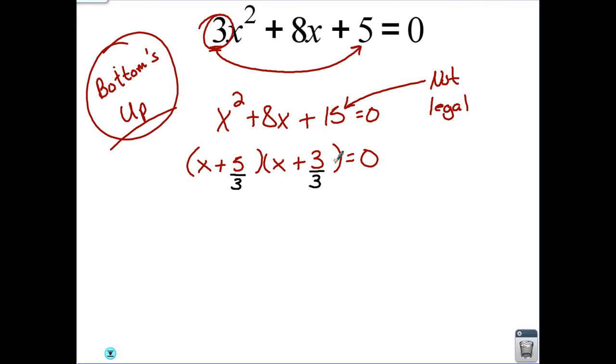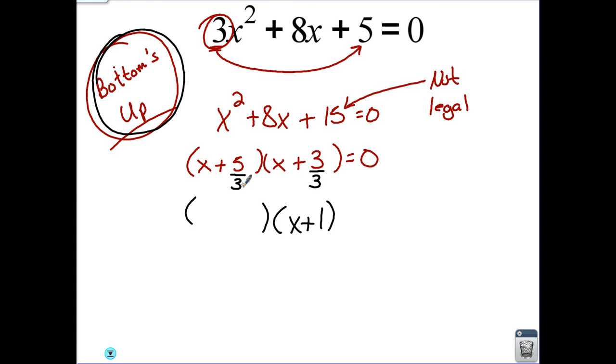Now we can do 3 divided by 3. That's pretty easy. That's x plus 1. 3 divided by 3 is 1. Can you divide 5 divided by 3 without giving me a decimal? Can't, can you? This is why it's called bottoms up. After you divide, by the way, if you can't divide, try to reduce it. 5 divided by 3, that won't reduce.